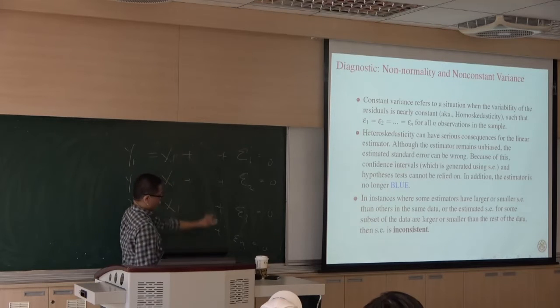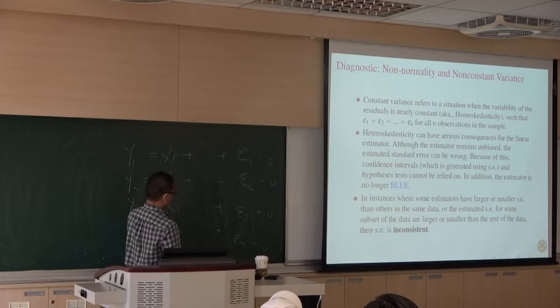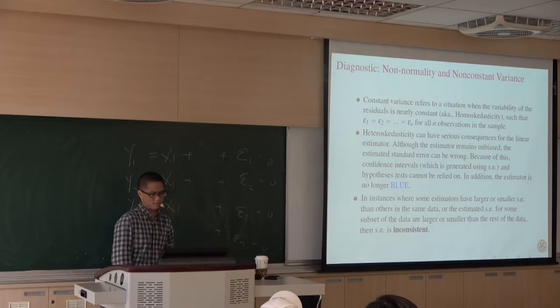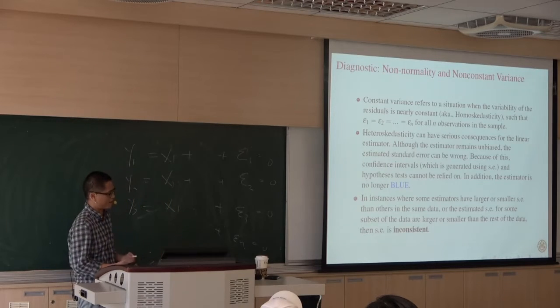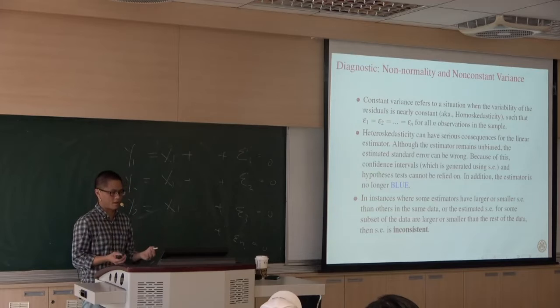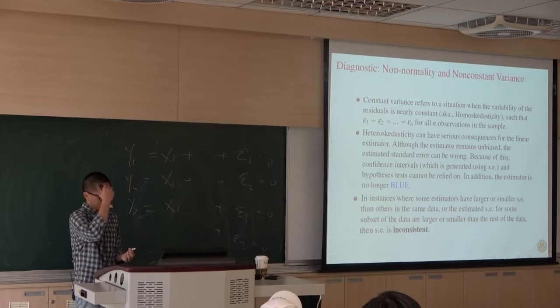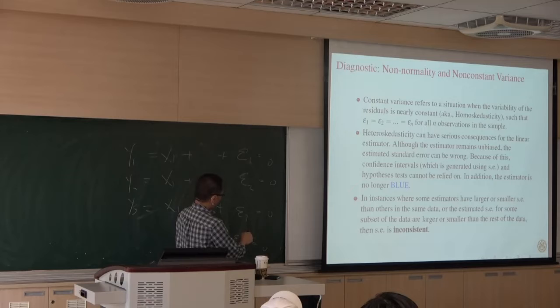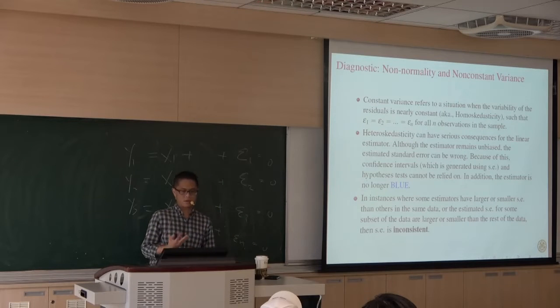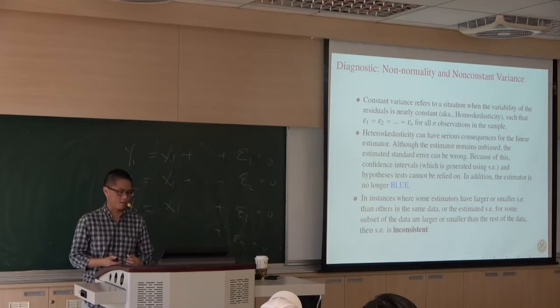Because if you have a really large sample, then we'll be able to get a rather precise beta coefficient estimate. But if we have a really messy error term distribution, then the estimate standard error can be wrong.